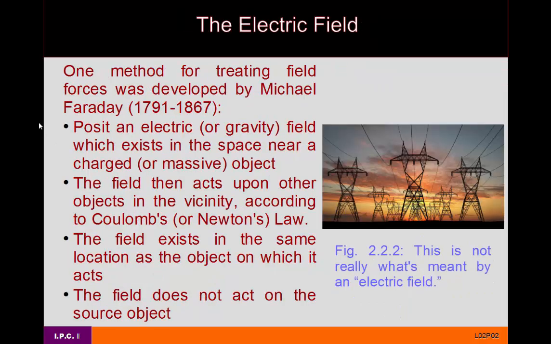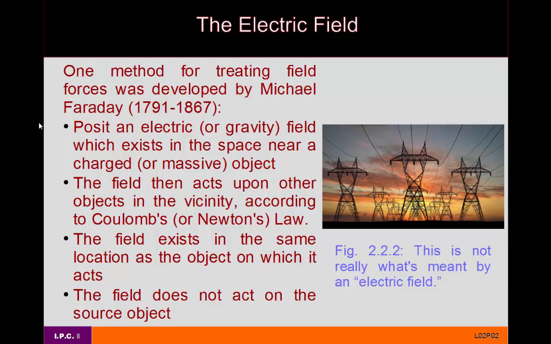So the electric field was first developed by Michael Faraday, and what he did was basically say there must be an electric field which exists in the space anywhere near a charged object. He didn't necessarily posit the gravity field, but it can work the same way. There's a gravitational field which exists in the space near a massive object.